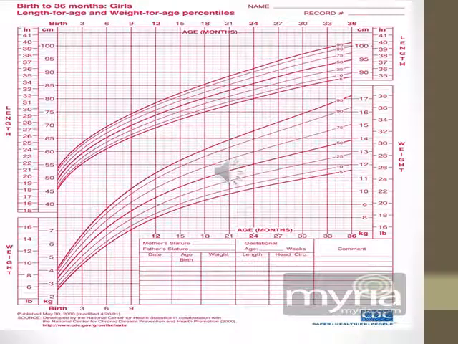In a similar way, this is a growth chart for girls, from birth till 36 months of age, and from 36 months onward the growth chart will be different. It's the same, with age on the x-axis and the parameters, length and weight, on the y-axis. How you will plot on it I'll discuss in detail in the next slide.